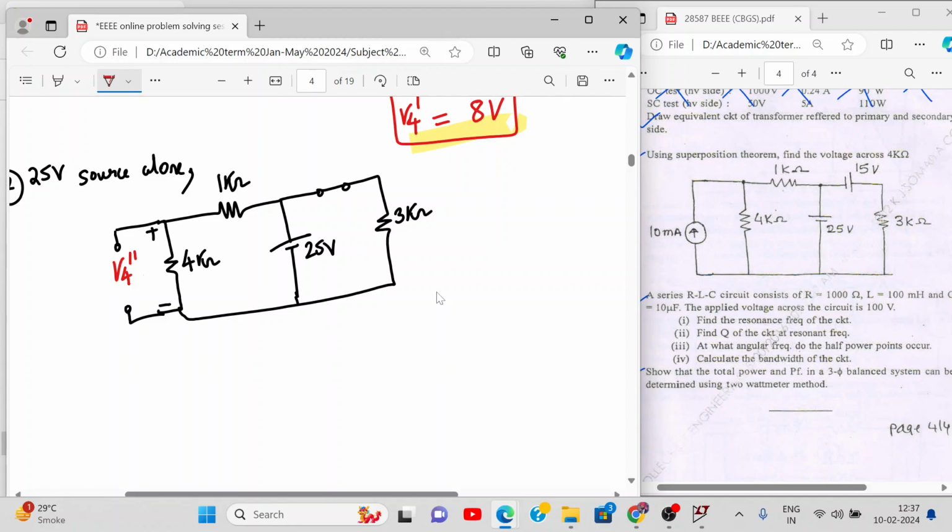Simple mesh analysis will help. We can find the current over here and find the current over here. Yes, can we do that? Or it is not necessary? Hello, any ideas?